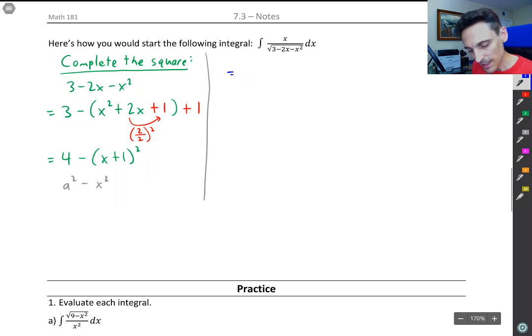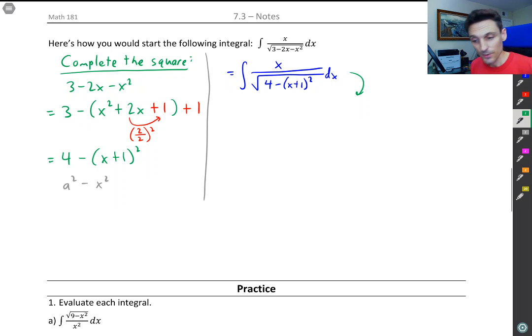So taking the next step for this integral, this is the integral of x over the square root of 4 minus quantity x plus 1 squared, and then we have a dx. So now we're going to do our trig substitution.